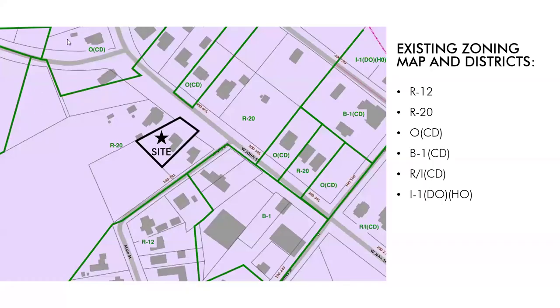Gotcha. And you have office conditional, more residential, and some business zoning districts. Over time, there have been more office requests along this corridor of West John Street. I believe this corner parcel was rezoned in 2024, late last year. Gotcha. Thank you. You're welcome.